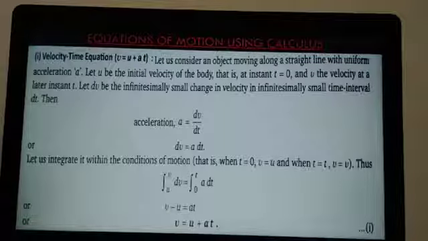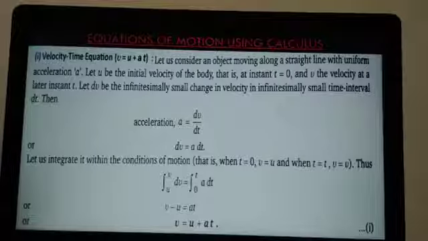So v minus u will be upper limit minus lower limit, which is equal to integral 0 to t a dt. What is a? Acceleration. Acceleration is constant. So that constant you can take out, so that will become a into integral 0 to t dt.